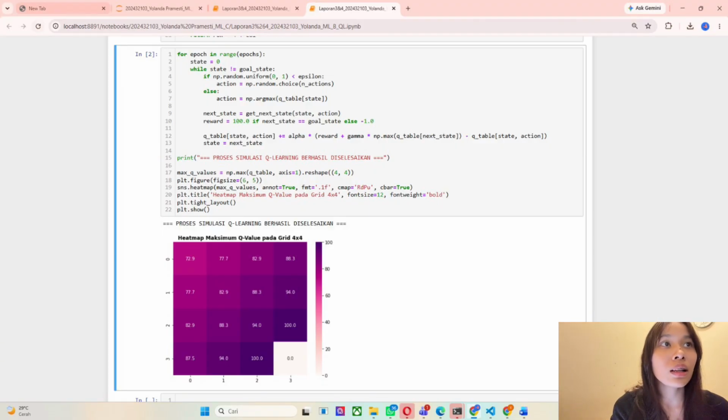If we analyze the numbers inside the cells, the states immediately adjacent to the goal, which are cell 14 and 11, have reached the absolute maximum Q value of 100.0.